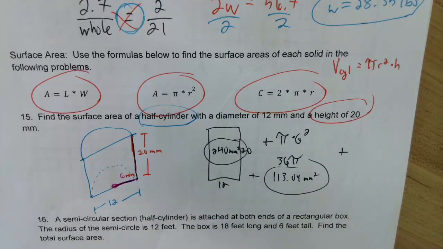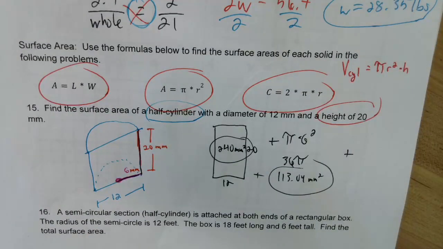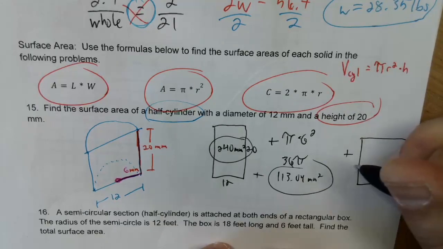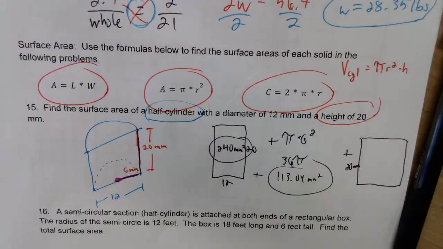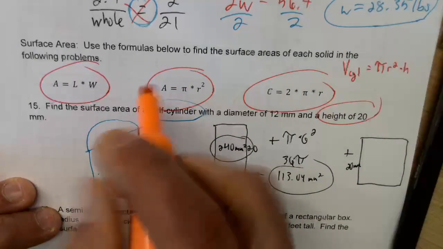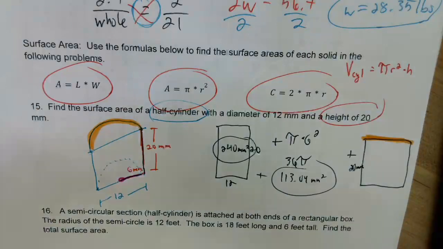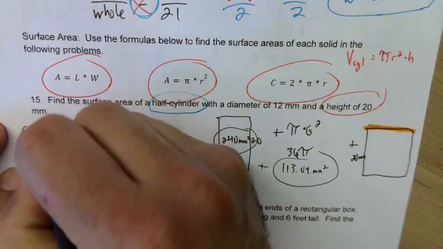Plus, now I have the last part, and I saved the tricky part for last. What wraps around the back side of this half cylinder? It's also a rectangle, correct? A rectangle that is 20 millimeters tall. That part's not so bad. But how long is it? I'd be looking for this distance here. What does that represent? That represents half the circumference, and circumference equals 2 pi r.